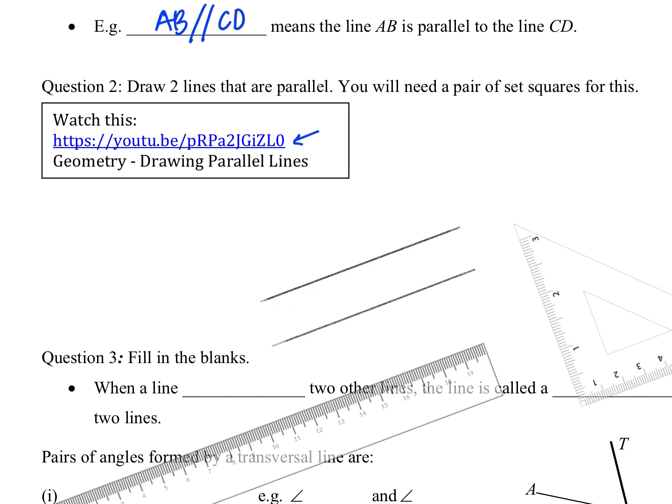Now we will have two parallel lines. We indicate these two parallel lines with an arrow in the same direction. If I label this AB and this one CD, then we have the line AB parallel to CD.